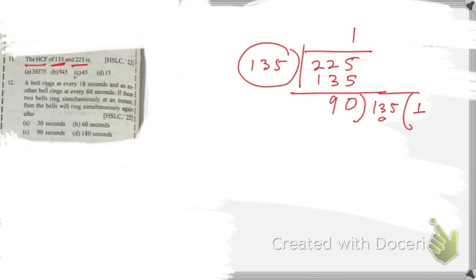Then you will get 45. Then again divide 90 by 45. You have to continue this process until you get 0 remainder. So 2 times 45 is 90, so it's going to be 0.